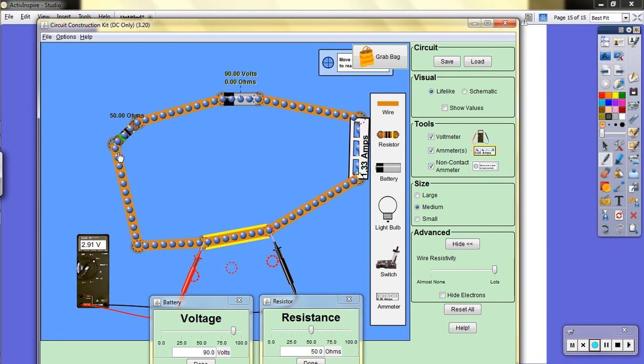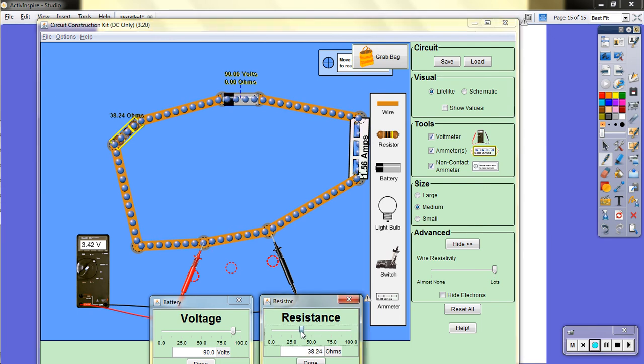Just to make sure that I'm right, I'm going to decrease the resistance on my resistor to 25.